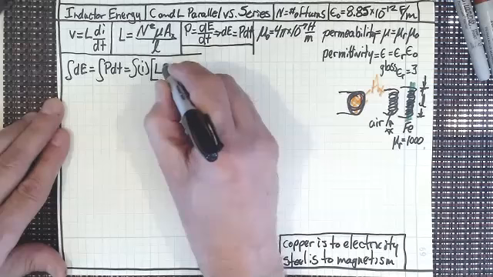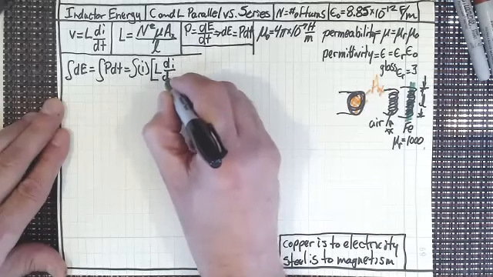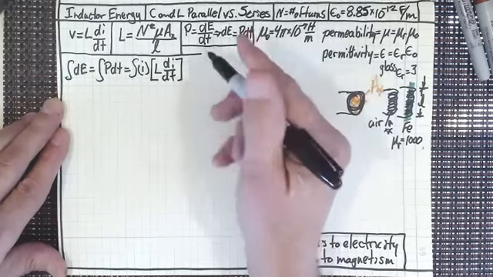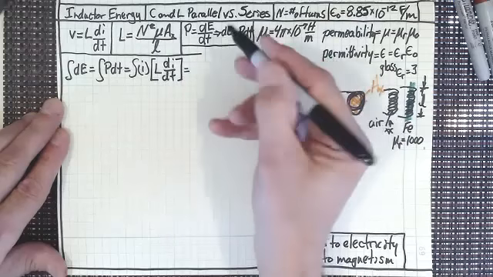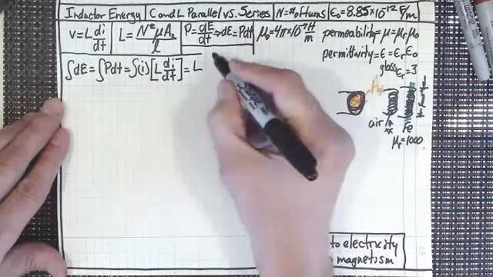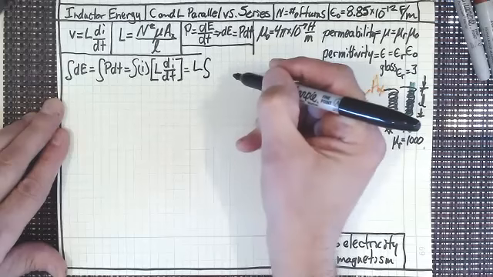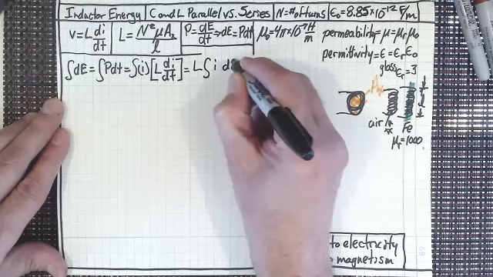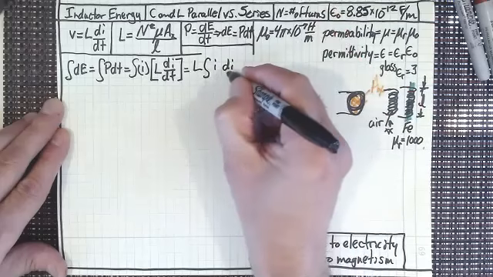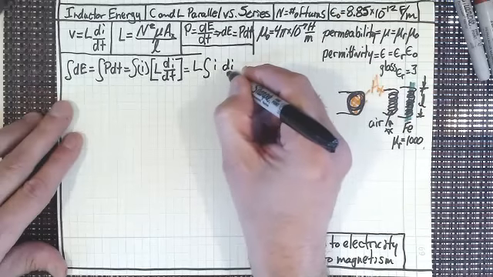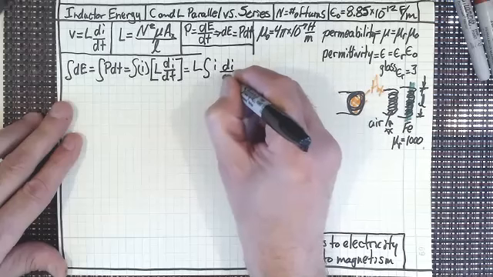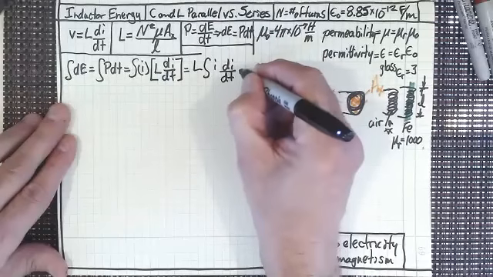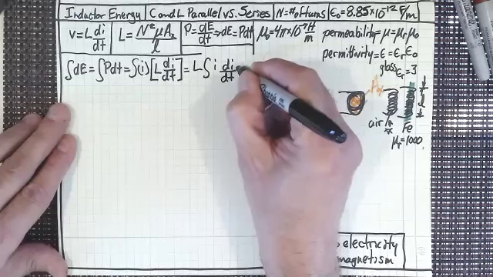It's just L times di dt, right? Couldn't I rewrite that and say that that is L times the integral of I di, right? dt. What have I got there? P dt, yep.